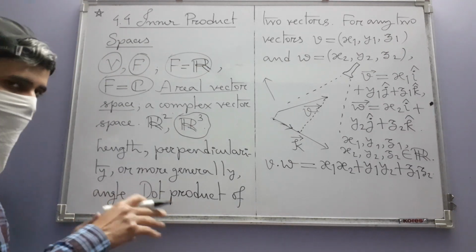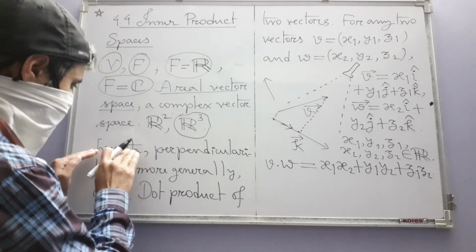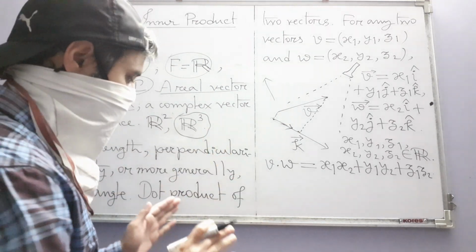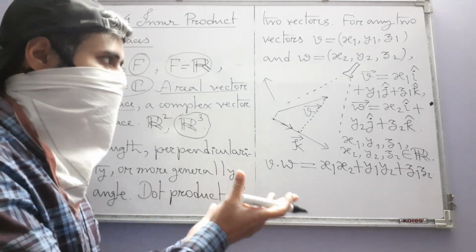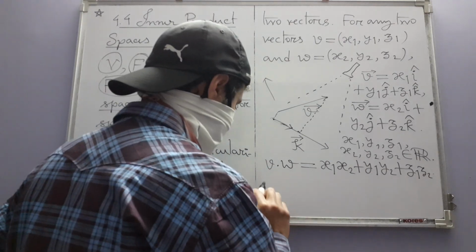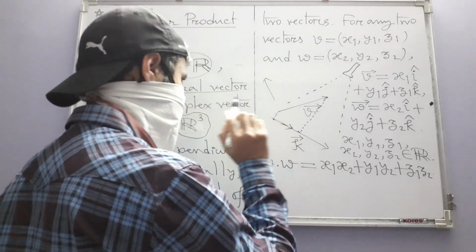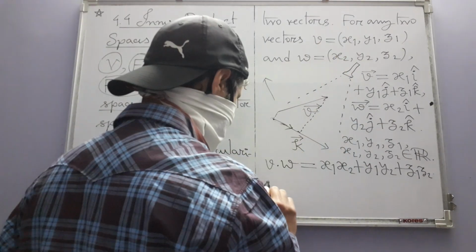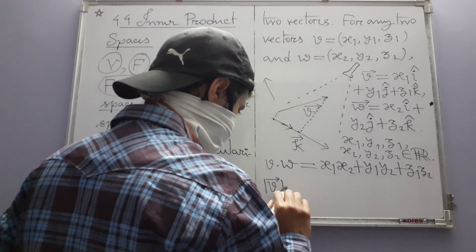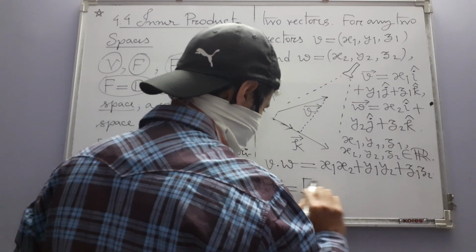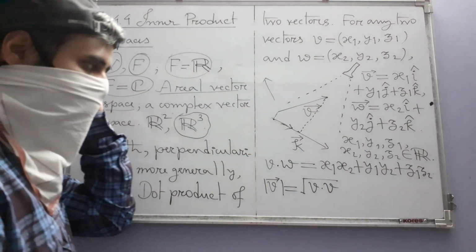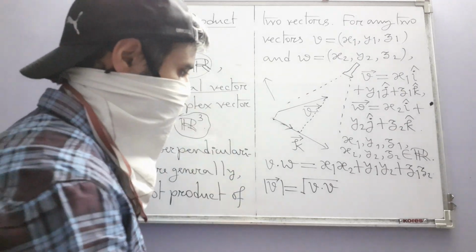Now what the author is saying is that the notion of length as well as the notion of the angle between two vectors are special cases of this notion of dot product. How? It is like this: the length of the vector v turns out to be the square root of the dot product of v with itself.